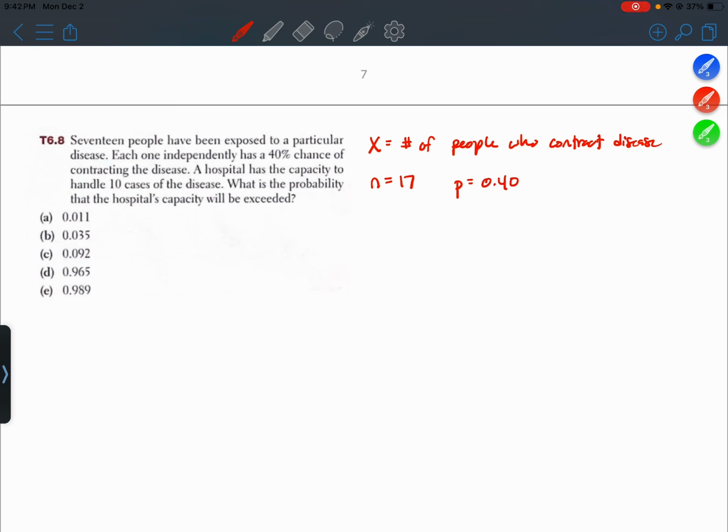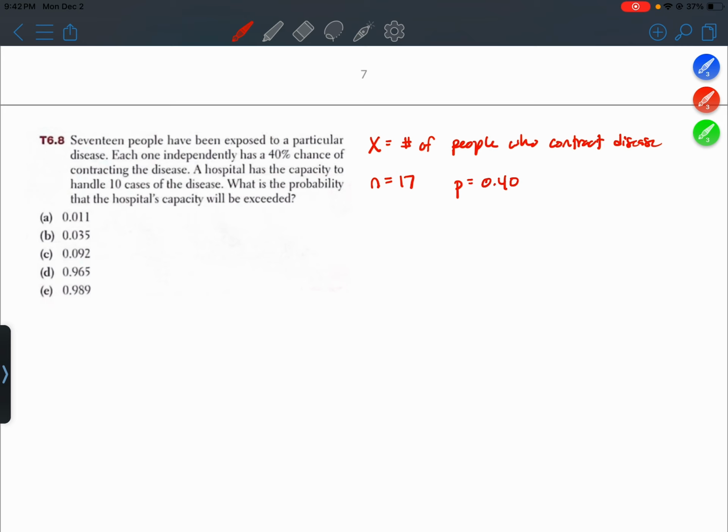Okay. All right. So this is already looking a lot like a binomial random variable. Right? The outcomes are binary. Success, get the disease. Failure, you don't get the disease. Trials are independent. It says right there on the second line. We're looking at the number of successes. Or sorry, the number of trials is fixed, right?